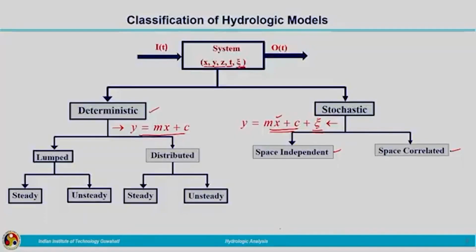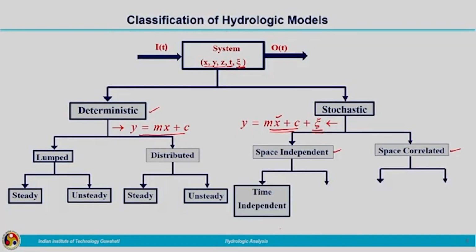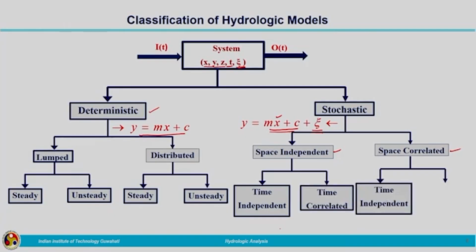Here also the classification with respect to time is there: time independent and time correlated. One depends on time and the other is independent of time. In the time independent model, the variation with respect to time is not taken into account; in the time correlated one, it is taken into account.